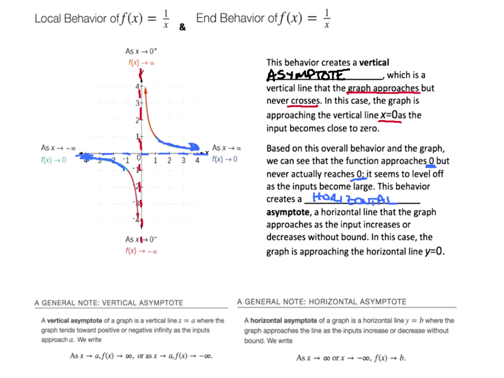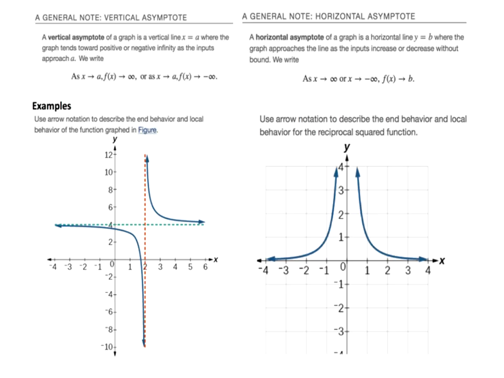A horizontal asymptote is a horizontal line, y equals b, where the graph approaches the line as the inputs increase or decrease without bound. In other words, as x approaches positive infinity or negative infinity, the outputs approach some given value. In this case, it is a value of 0.